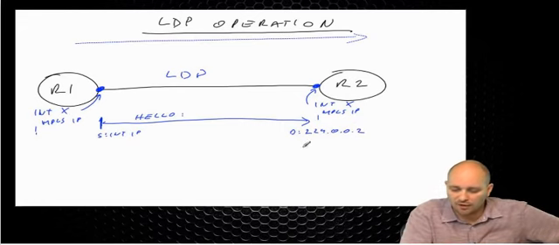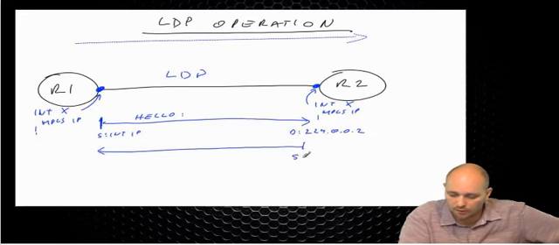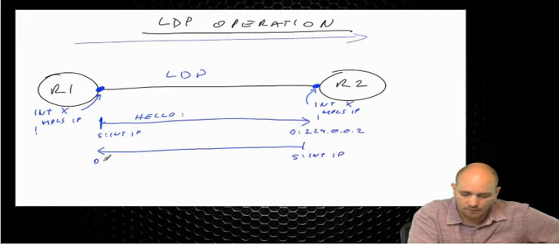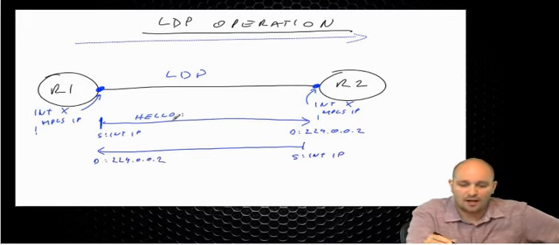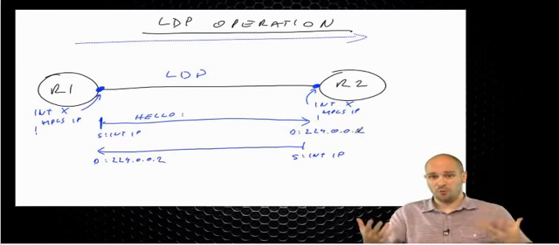Now, this router here also sends back the hellos. So the source here is the interface IP, and destination is 224.0.0.2.